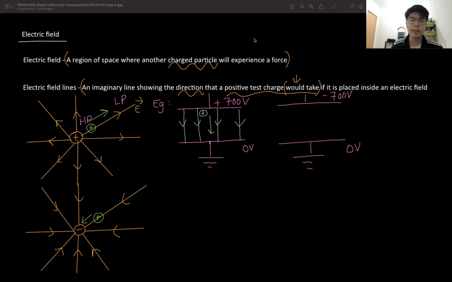Then how does my electric field look? Because this is negative potential, if I put the test charge here, it will be attracted to the negative plate. So the motion shows the electric field, and we draw the electric field upward. Again, where is high potential and where is low potential? Here is high potential, even though it's 0, because it's higher than this. So here is low potential.